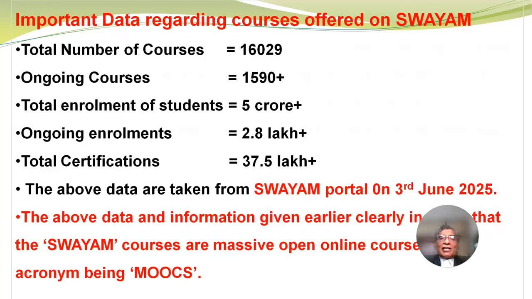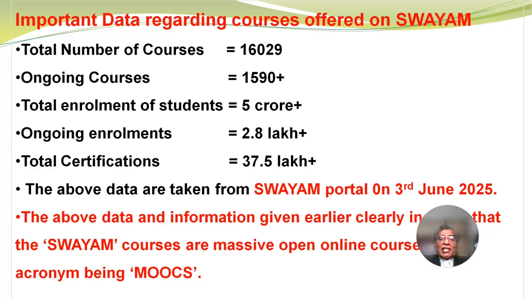Important data regarding the courses offered on SWAYAM. Total number of courses 16,029. Ongoing courses 1590 plus. Total enrollment of students 5 crore plus. Ongoing enrollment 2.8 lakhs plus. Total certifications 37.5 lakhs plus.